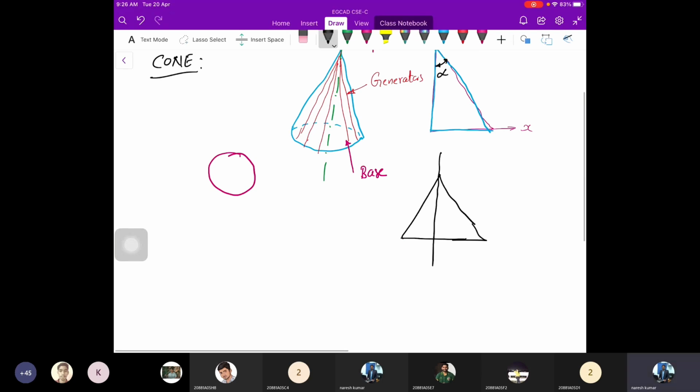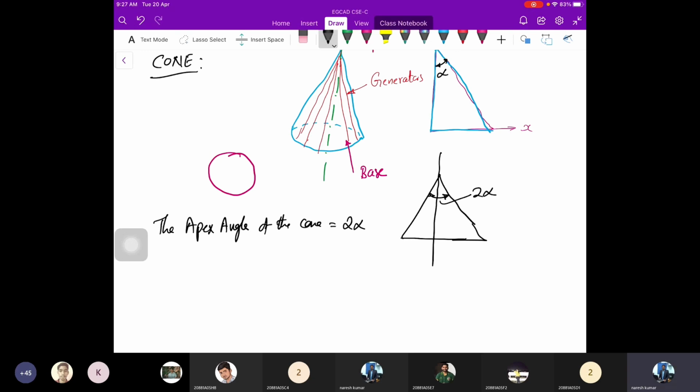So here the total angle of the cone will be alpha plus alpha, it will be 2 alpha. We call that angle the apex angle. Apex angle of the cone is equal to 2 alpha.